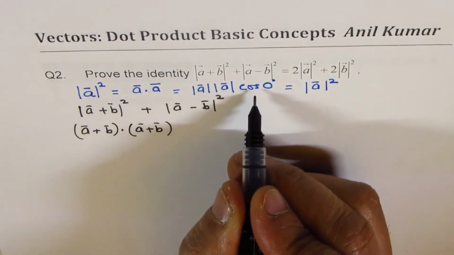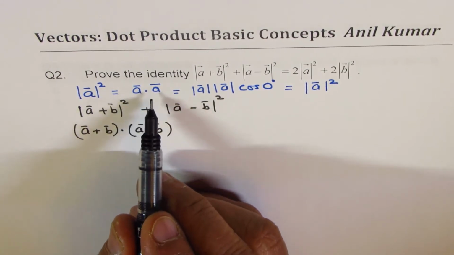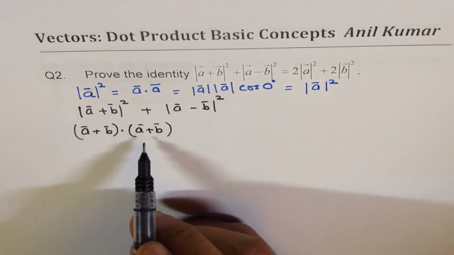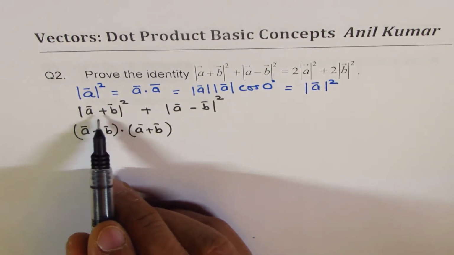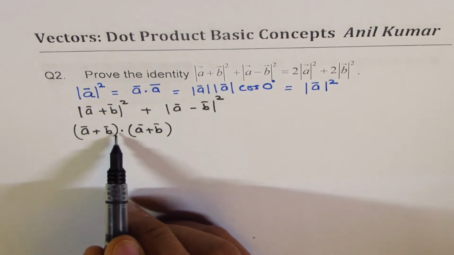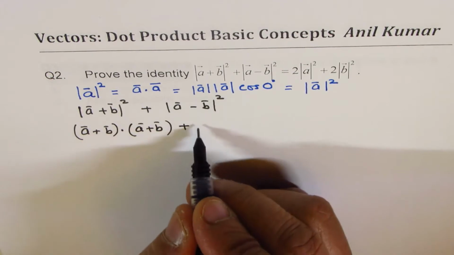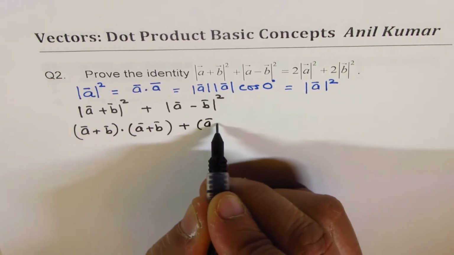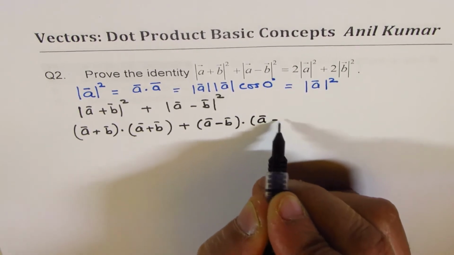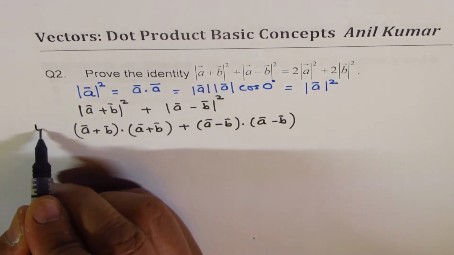Using this particular property, that the dot product of a vector by itself is the square of its magnitude, we could write magnitude of A plus B whole square as the dot product of A plus B by itself. Similarly, we could write this as A minus B dot A minus B. Is that clear? Right. So that is how we could write the left side.